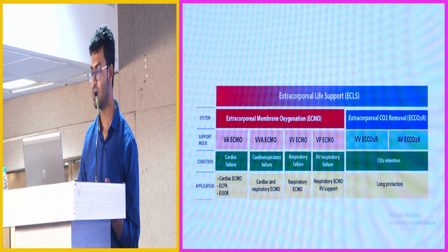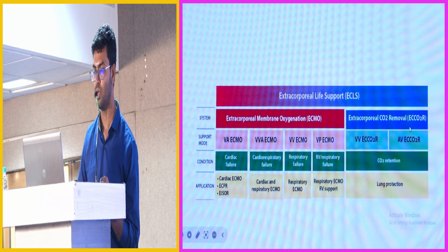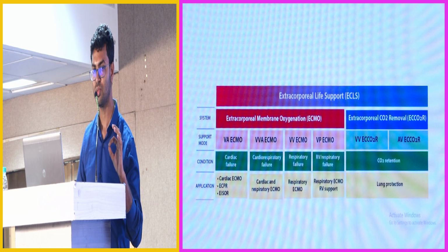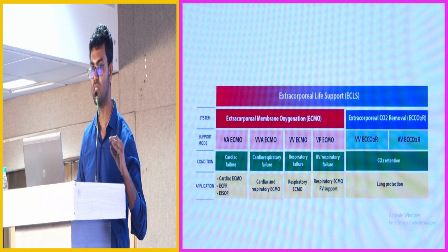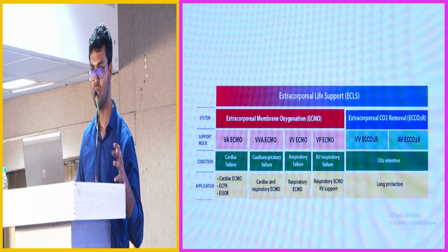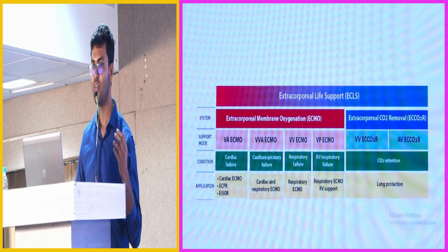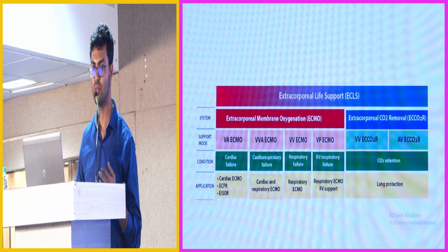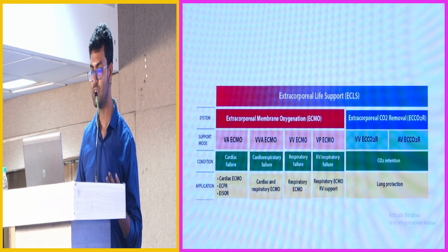The other thing is extracorporeal CO2 removal, which targets only the removal of CO2, for patients who are able to maintain their saturation but unable to maintain the required carbon dioxide level, especially COPD patients, where they are able to maintain saturation with a little bit of oxygen, but the CO2 buildup is very high. In those patients, we will use the extracorporeal CO2 removal techniques.